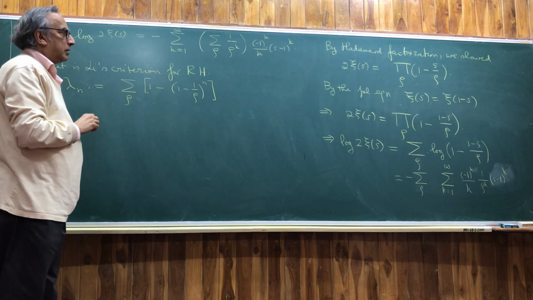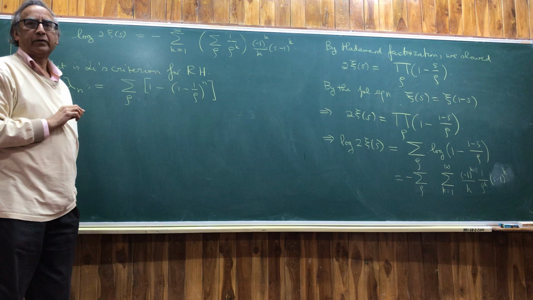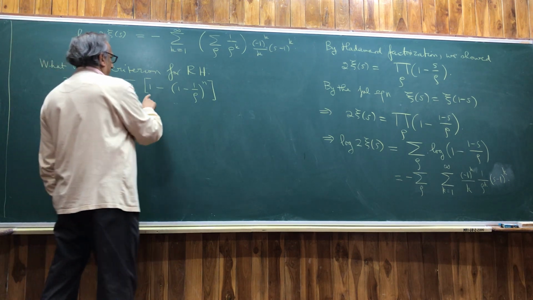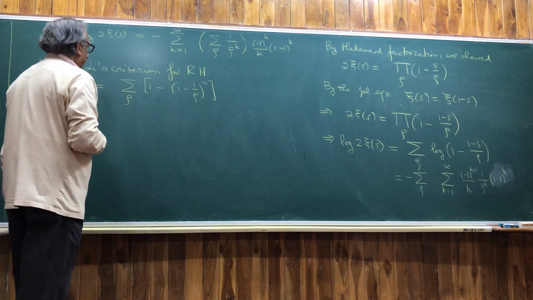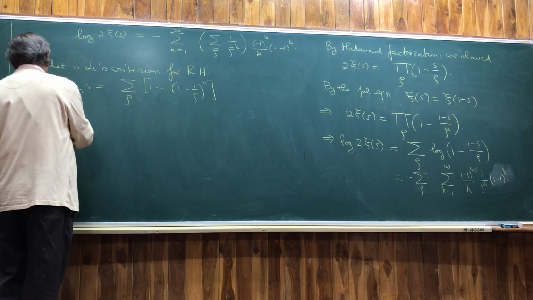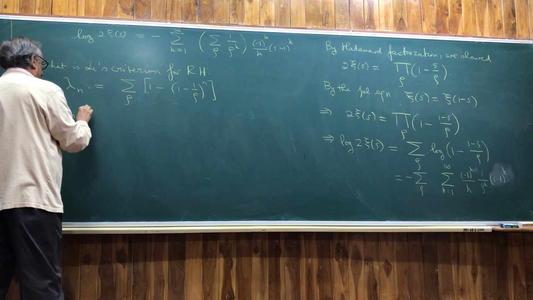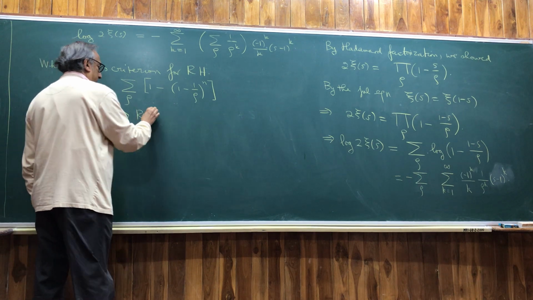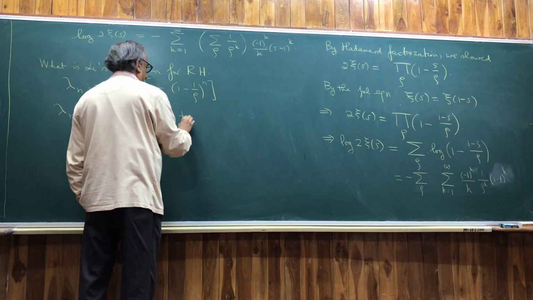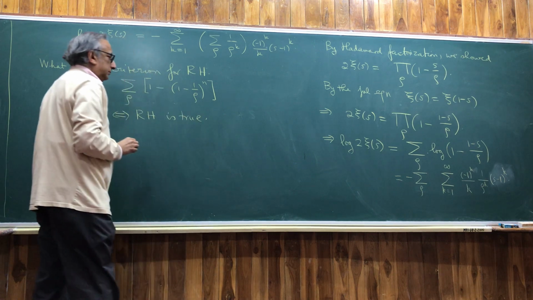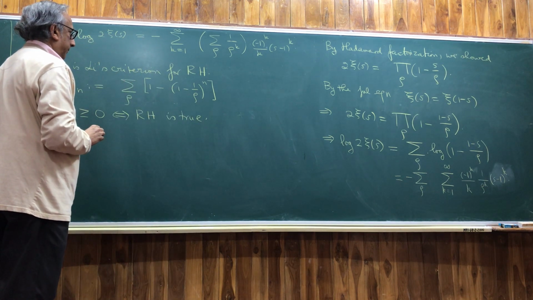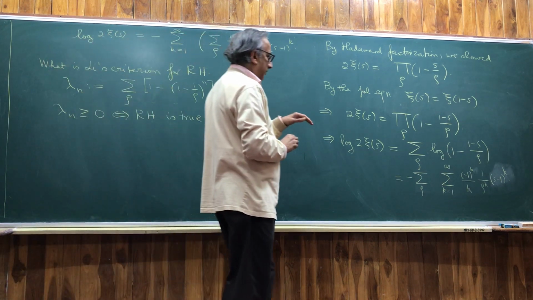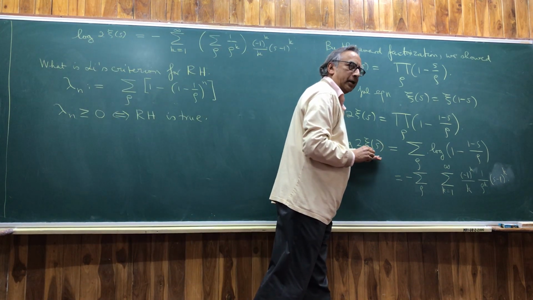By the way, all these summations over rho are always over non-trivial zeros. We don't worry about trivial zeros anymore. And Li's criterion is that lambda n are non-negative if and only if the Riemann hypothesis holds. And what I would like to say is that somehow this object is connected with the lambda n's.